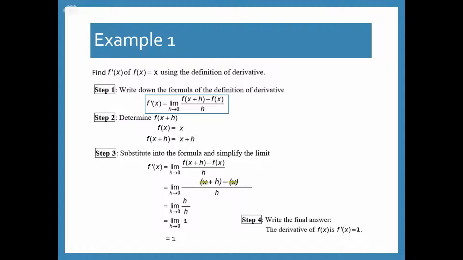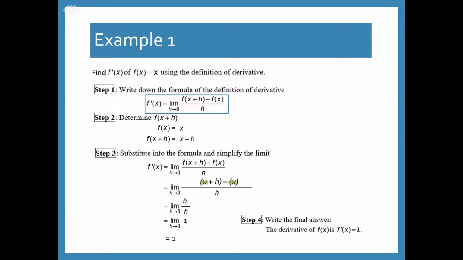Refer to example 1. You need to find the derivative of the given function using the definition of derivative, which is also known as the first principle. First, write the formula of the first principle. Next, determine f(x plus h) for the given function. As f(x) is equal to x, then f(x plus h) is equal to x plus h.